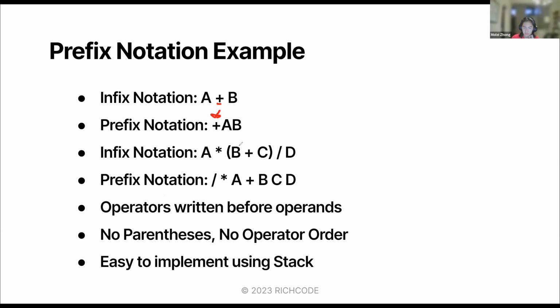And a times b plus c divided by d: this plus between the b and c just goes before, and then the multiplication goes before the a and the b plus c, and division goes at the very front because it's the last operation that you do. And as you can see, the operators are written before the operands, and it's very easy. There's no parentheses, and you don't need to worry about operator order. You just do it in the order that you see it. And it's also easy to implement using stack, which we'll get into later.